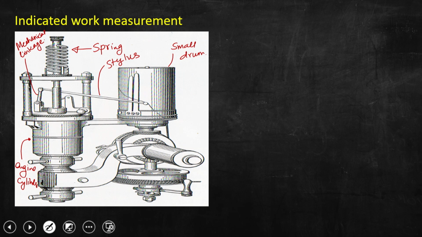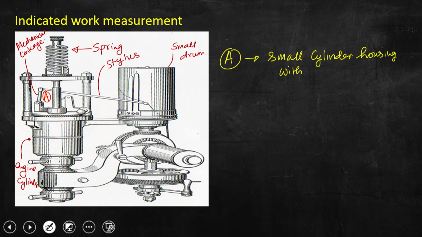What you can see, this is the small cylinder A. So, this A is a small cylinder housing a small piston.